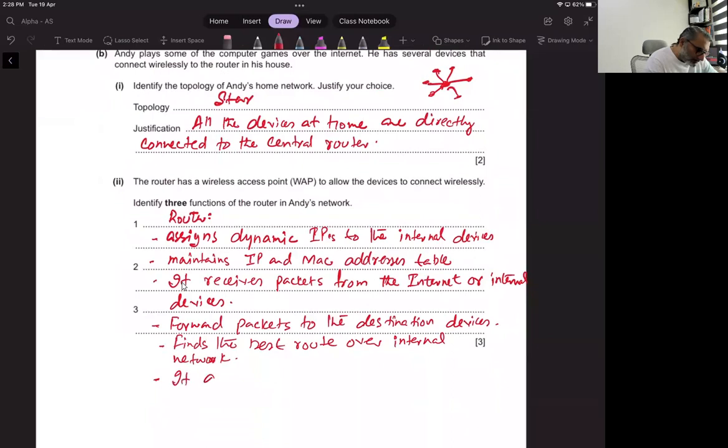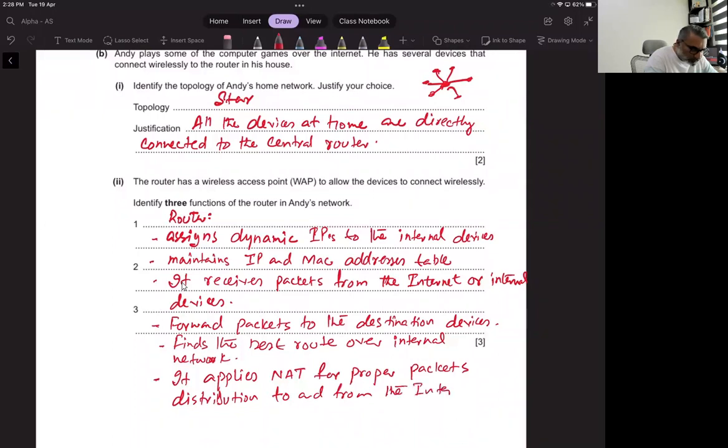It applies network address translation for proper packets distribution to and from the internet and internal nodes.